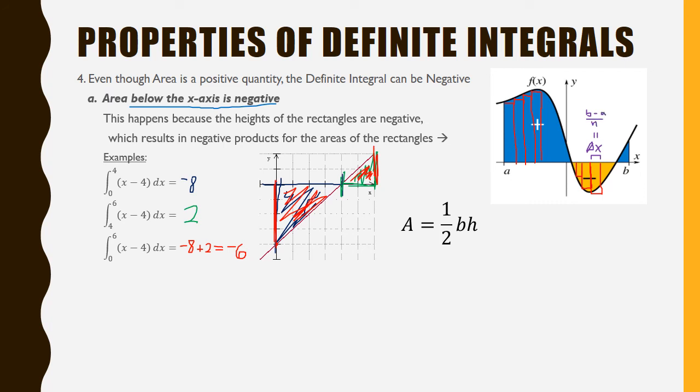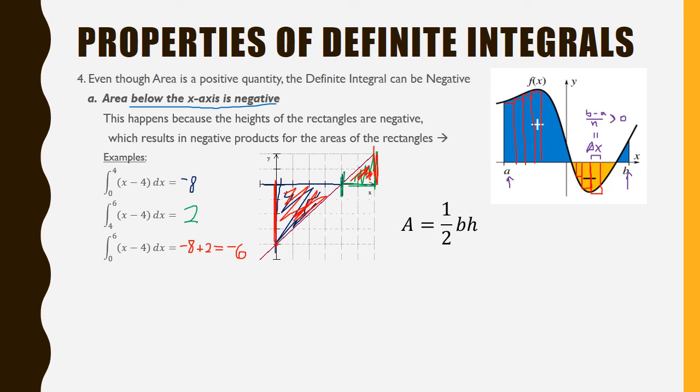And as long as b is bigger than a, so as long as b is on the right and a is on the left, this should come out as a positive quantity, greater than 0. But what if a happened to be larger than b? Well, then that would come out as negative, and therefore the areas would come out as negative as well.